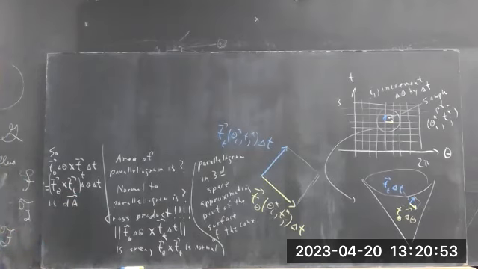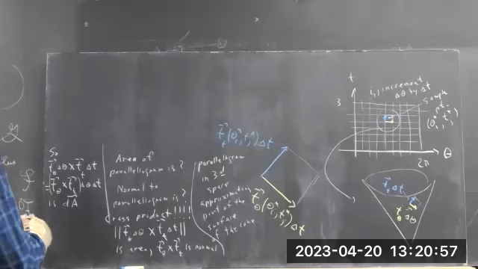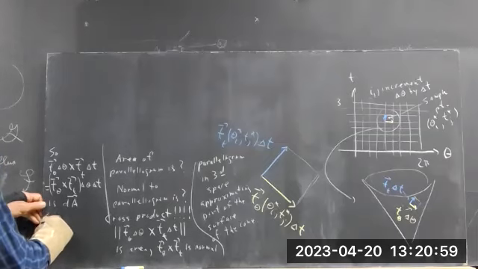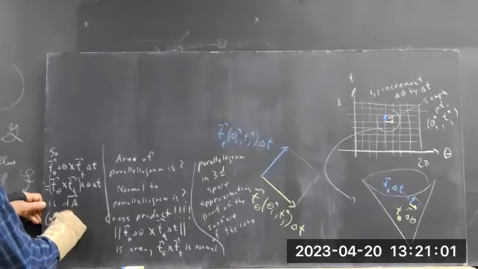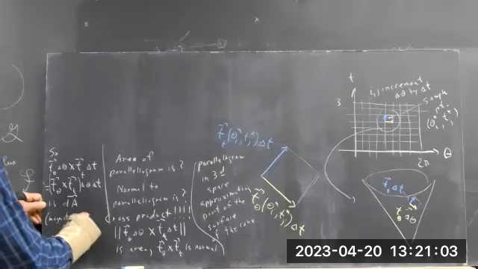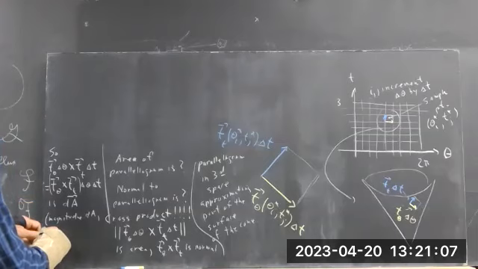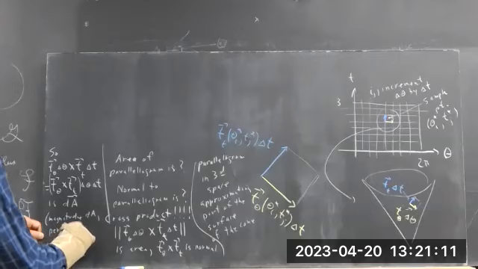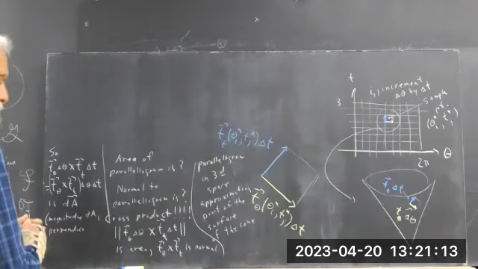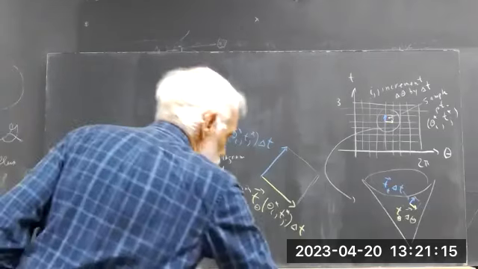That should be a vector. Perpendicular, say normal.